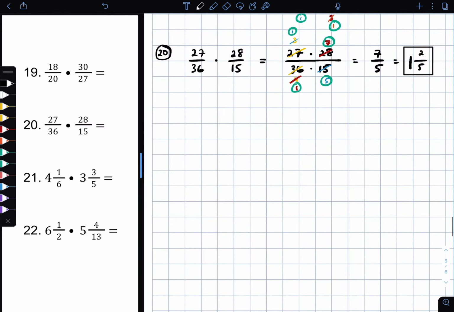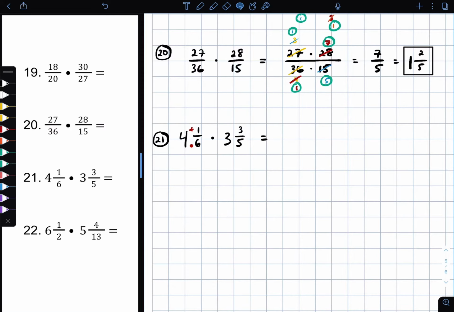Moving on to question 21. We have some mixed numbers to deal with here. So let me just make a little bit more room to accommodate those. So 4 and 1/6 multiplied by 3 and 3/5. Okay, so no mixed numbers. 4 times 6 is 24, plus 1 is going to be 25.